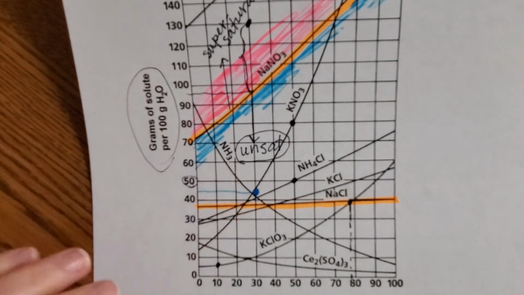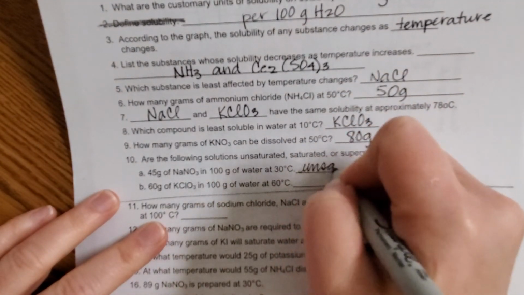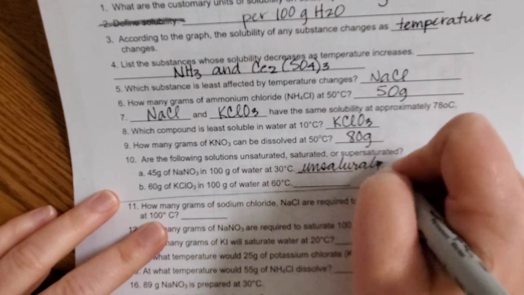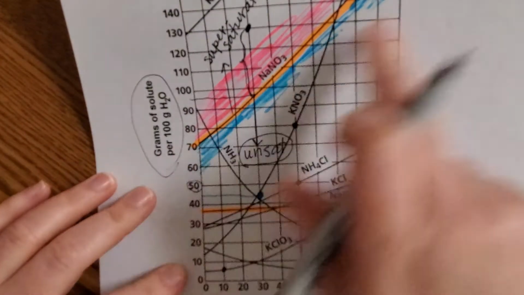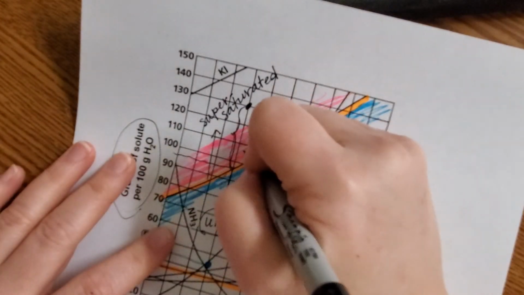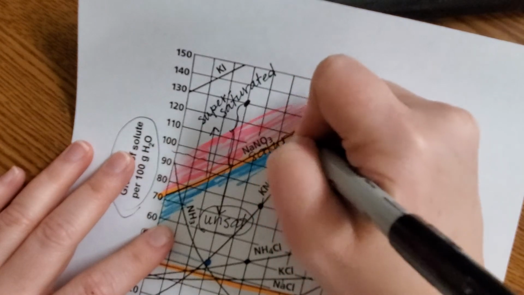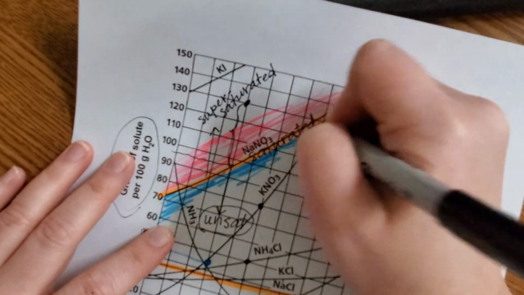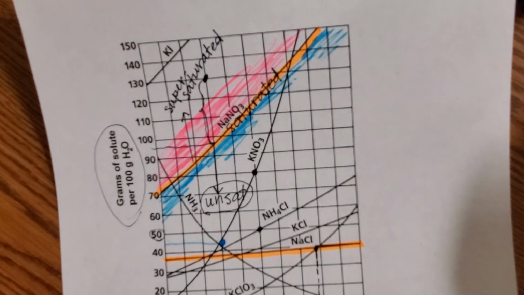All right, so the answer to this one is unsaturated. And what is it if it's right on the line, by the way? If it's right on the line, it is saturated, meaning it's holding exactly how much it can, not any more and not any less. That's what saturated means.